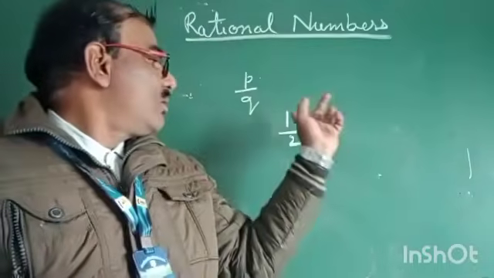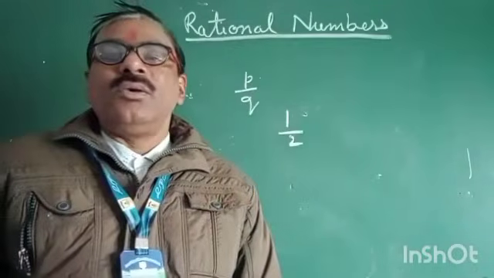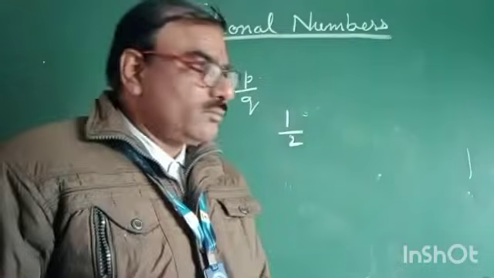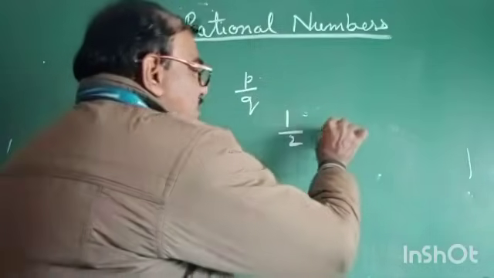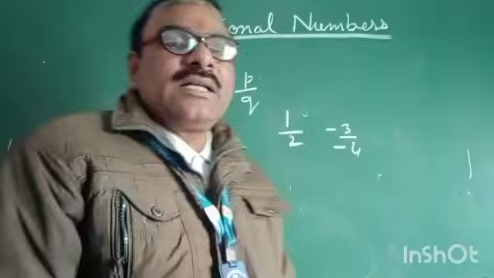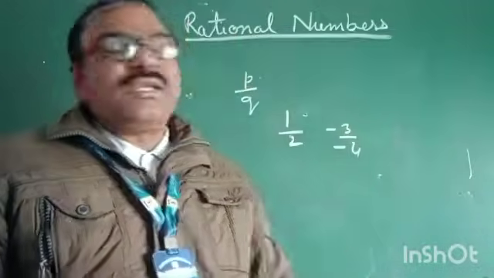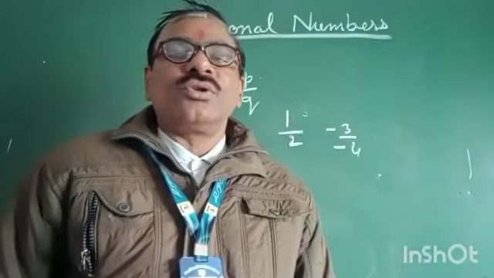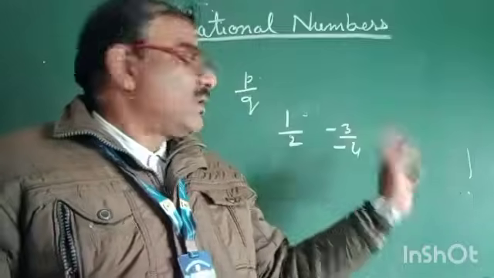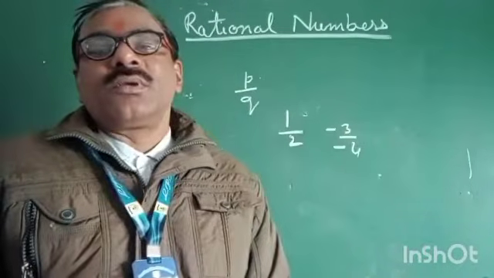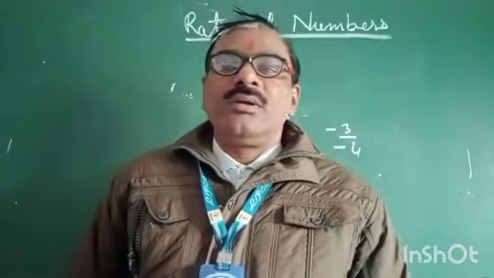So 1 by 2 is a positive rational number. Now here minus 3 upon minus 4. Here minus 3 is negative and minus 4 is also negative. So 3 upon 4 is a positive rational number.